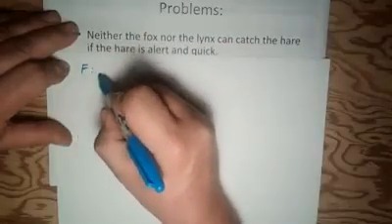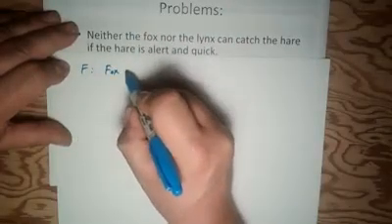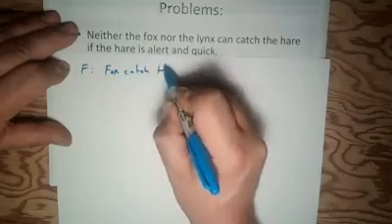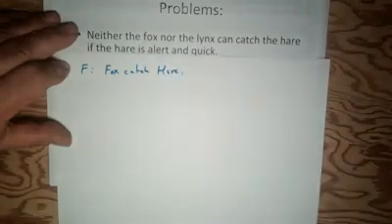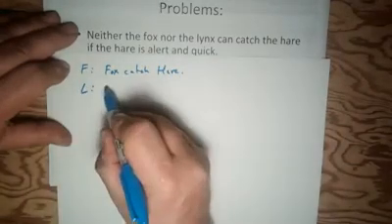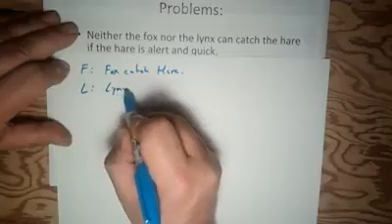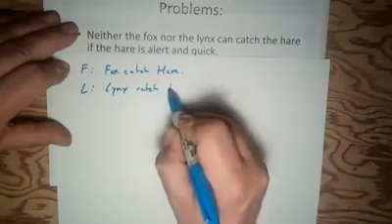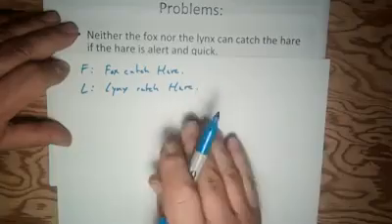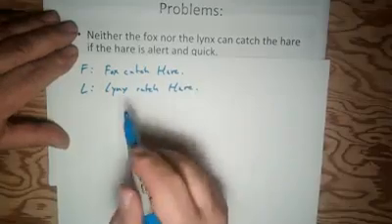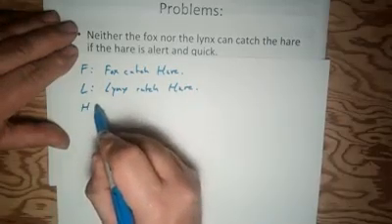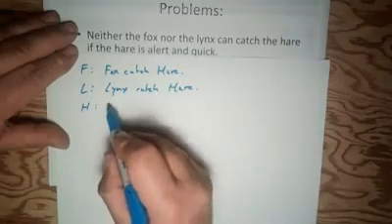So, and then we might say, okay, let's call F is fox catch hare, and we could have L be the lynx can catch the hare, and then we could have H be the hare is alert and quick.